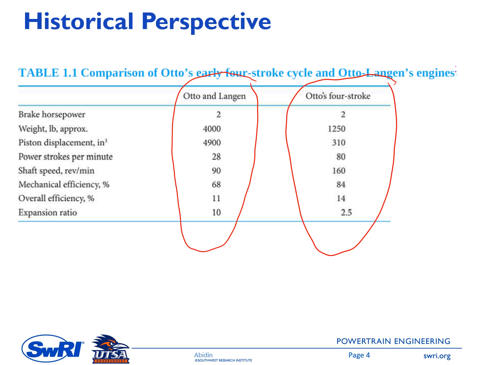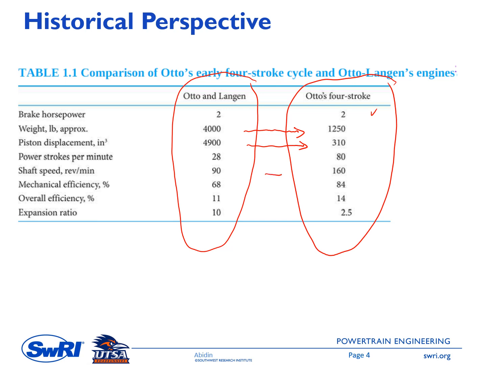Both engines have the same horsepower, 2 horsepower, but this new engine has a much lighter weight, so Mr. Otto was able to reduce the engine weight from 4,000 pounds to only 1,250 pounds. The piston displacement also reduced significantly from 4,900 cubic inch to only 310.